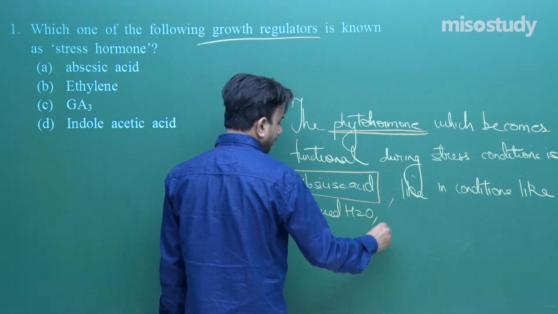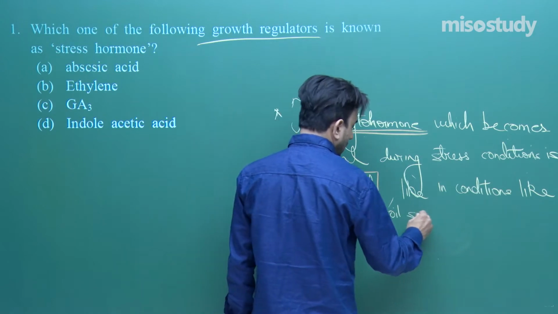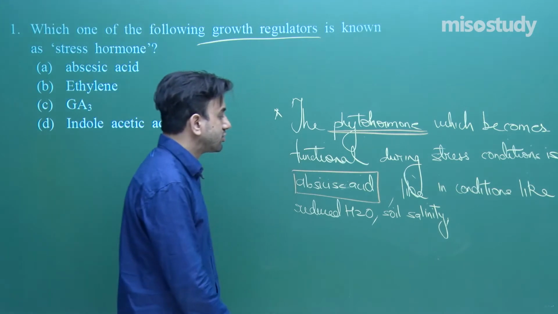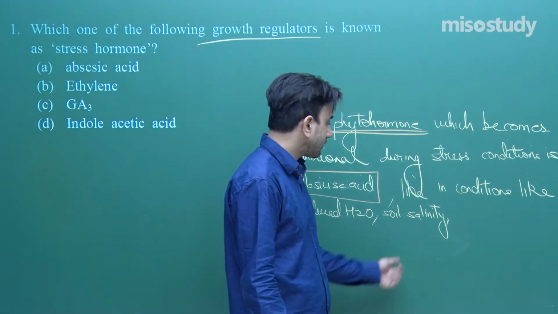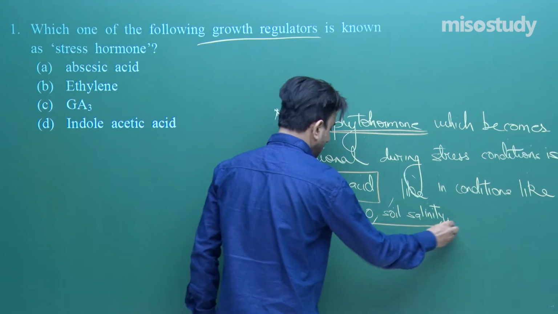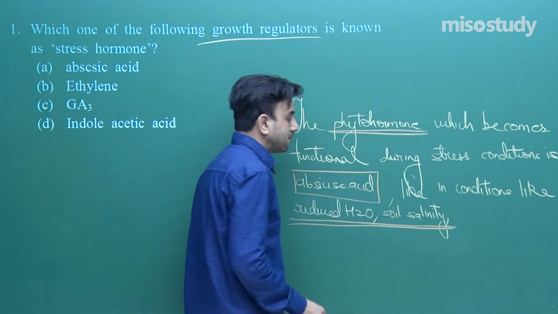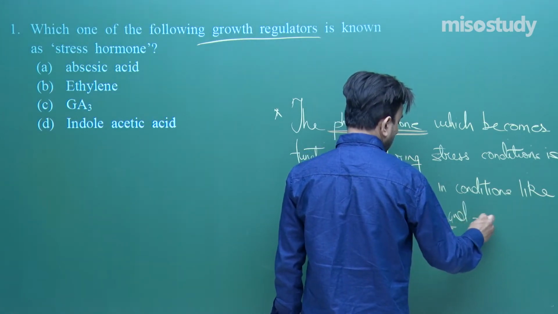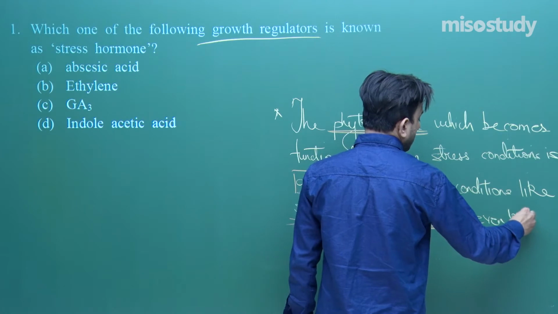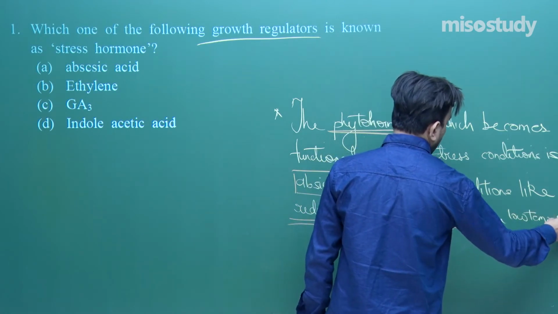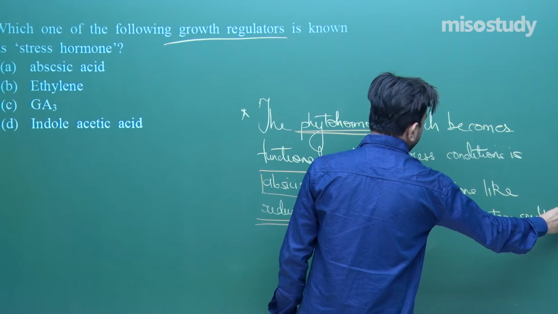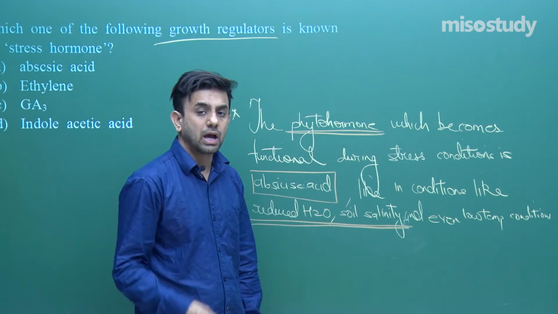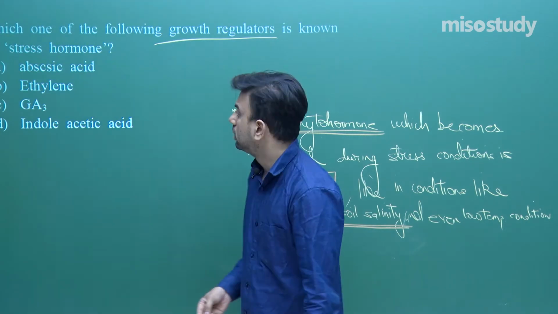In all these conditions, when the plant is in stress, this phytohormone, abscisic acid, comes into play and plays a very important role.